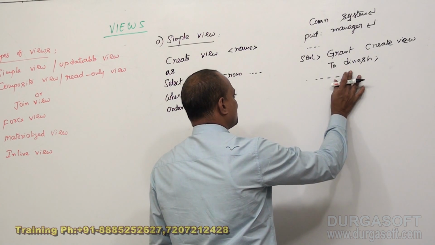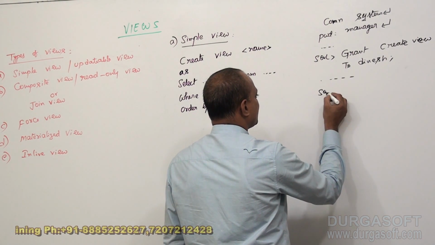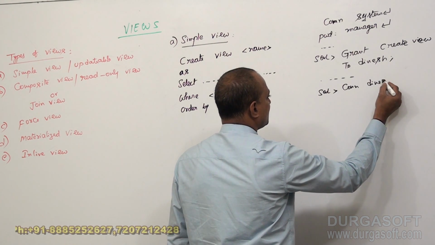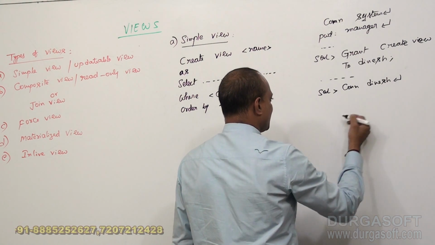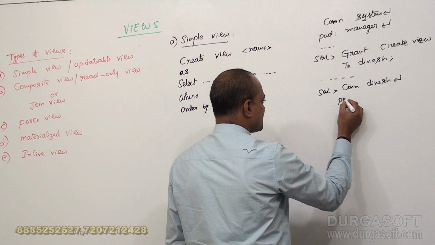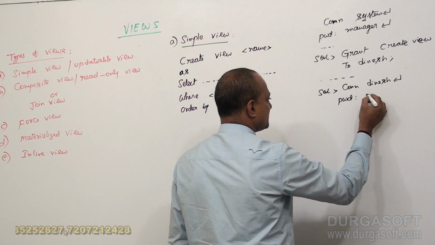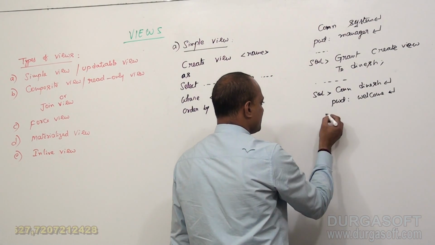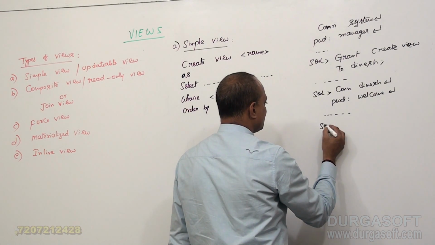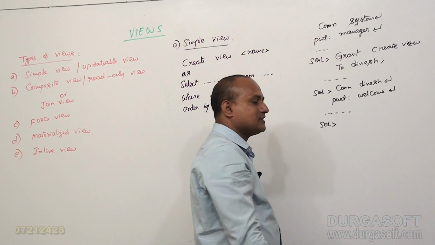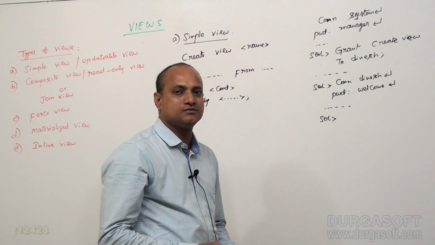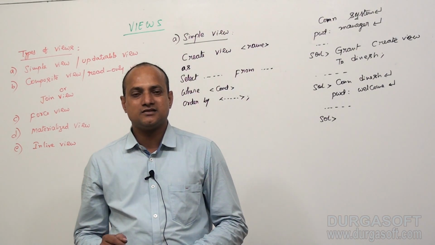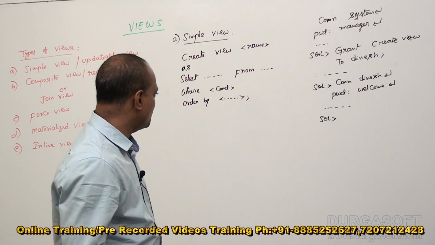Once I got the permission, at the SQL prompt I want to connect as Dinesh. Here it asks the password of Dinesh. I am typing welcome as my password. Then it says connected. Now who is working with the system? Dinesh. Now Dinesh has permission to create a view.